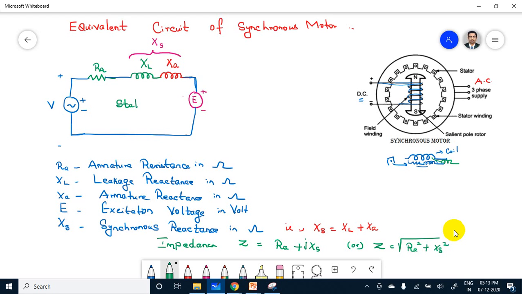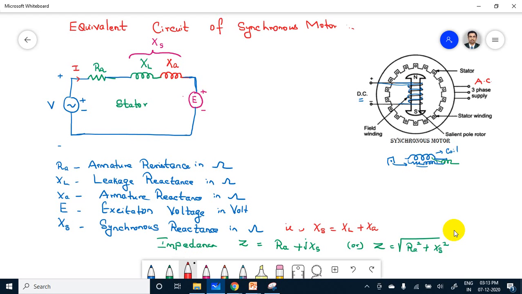So this portion, the left hand side, is nothing but the stator. And one more, the current flowing here will be I. It will be called the armature current also. Then inside you see there will be a field winding.